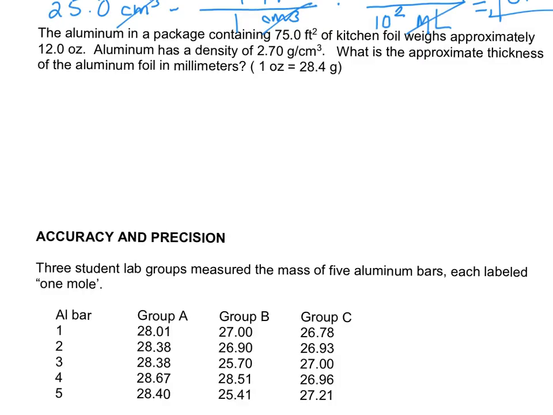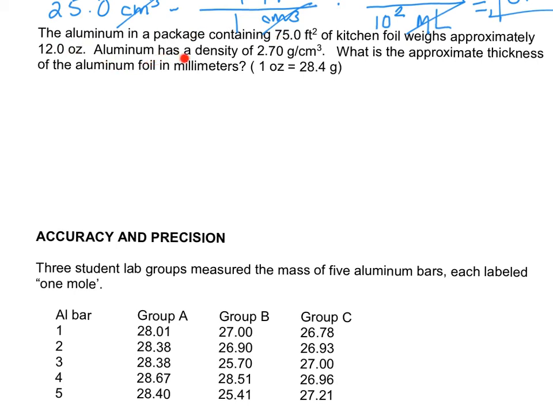Let's look at the next problem. It says the aluminum in a package containing 75.0 feet squared. What measurement is that? Feet squared. Well, that's a length squared, so that would be an area. So they give us the area of kitchen foil, which weighs approximately 12.0 ounces. They give us the weight or the mass.